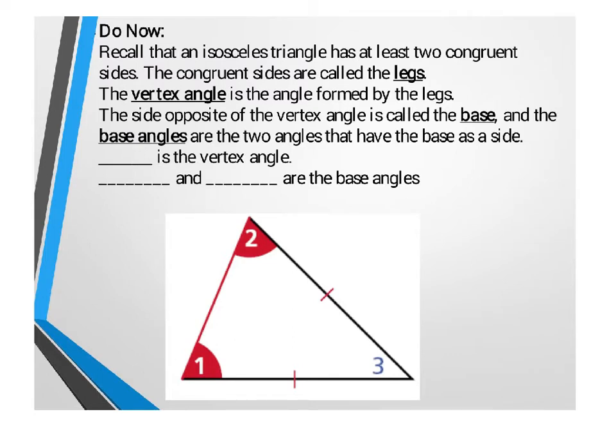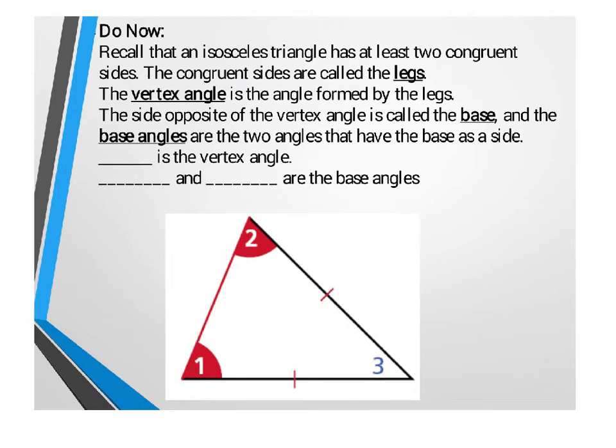Alright, so if you recall, an isosceles triangle has at least two congruent sides, as shown in this picture below. Here's two congruent sides, so this is an isosceles triangle. The two congruent sides are called the legs. The vertex angle is the angle formed by the legs, so the angle formed by these legs is this one numbered 3.